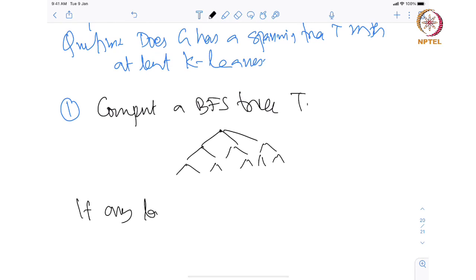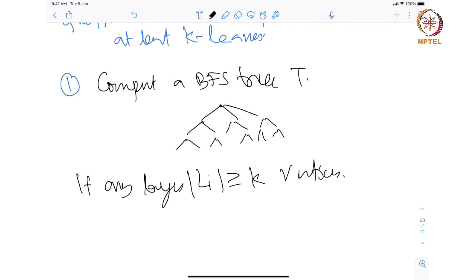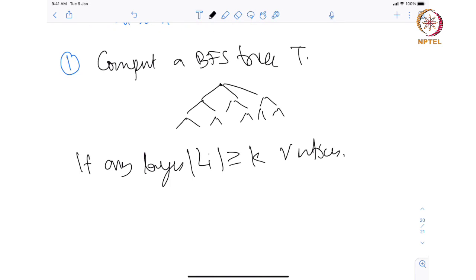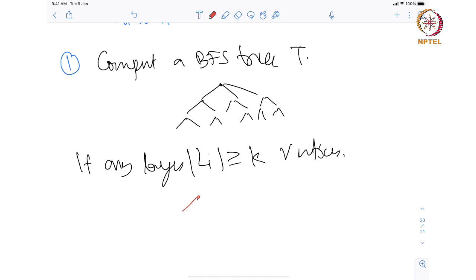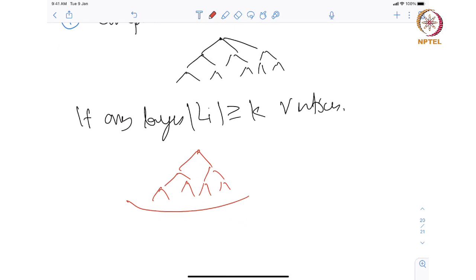If any layer Li has more than k vertices, suppose there is a layer which has more than k vertices, now look at this, suppose this is layer Li.